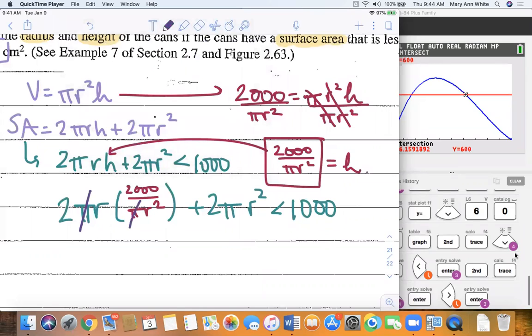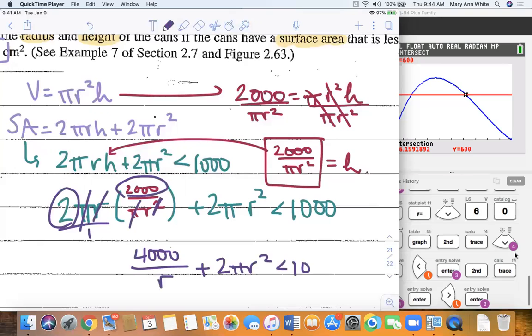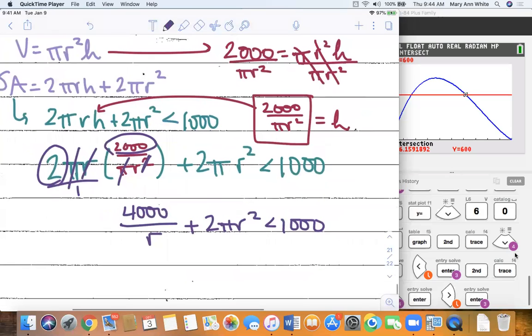And then the r cancels with one of the r's in the denominator. Again, you can think of this as 2 pi r over 1. So then I get to multiply 2 and 2,000 to get 4,000, and then now I only have one r in the denominator. This is as simple as I want to keep it.